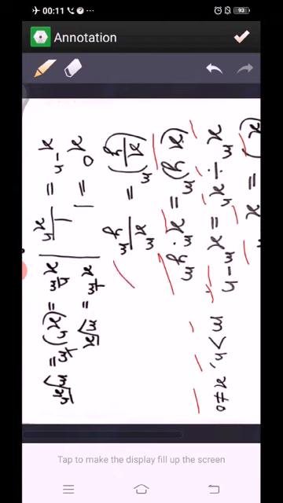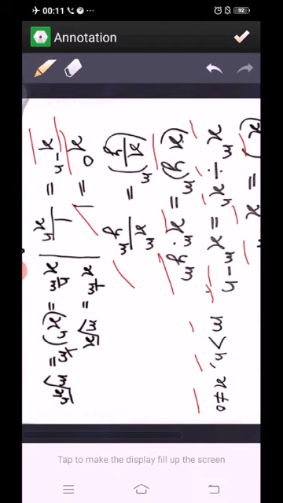X power 0, x is a non-zero number, non-zero integer, so x power 0 is equal to 1. Any number whose power is 0 and the base is not 0, then it will be equal to 1.